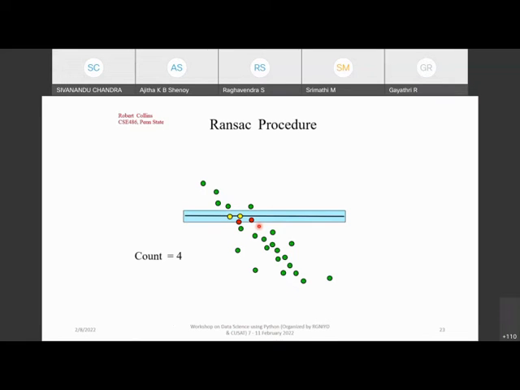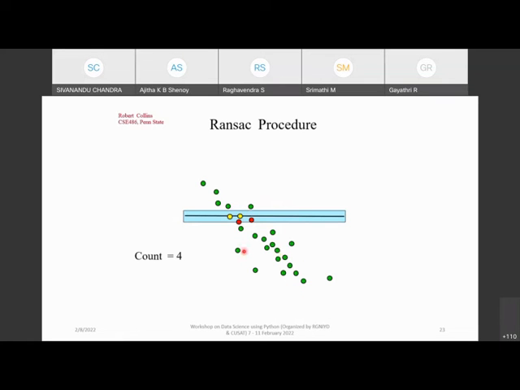Now after that, you define an inlier. That means you define that if the points are within this particular distance from the line, then they are inliers, otherwise they are outliers. The distance is defined in this particular boundary box. Here you can see that only 4 points are inliers and all other points are outliers.